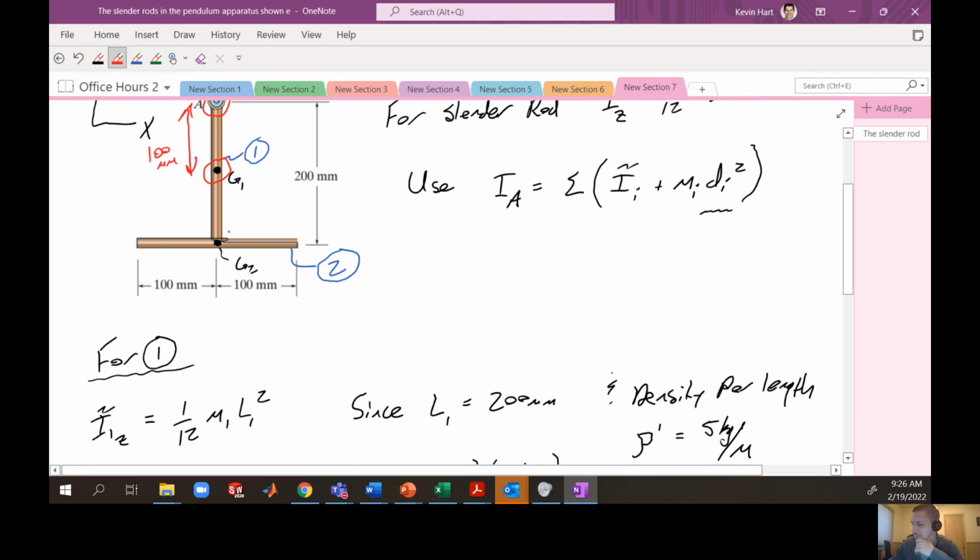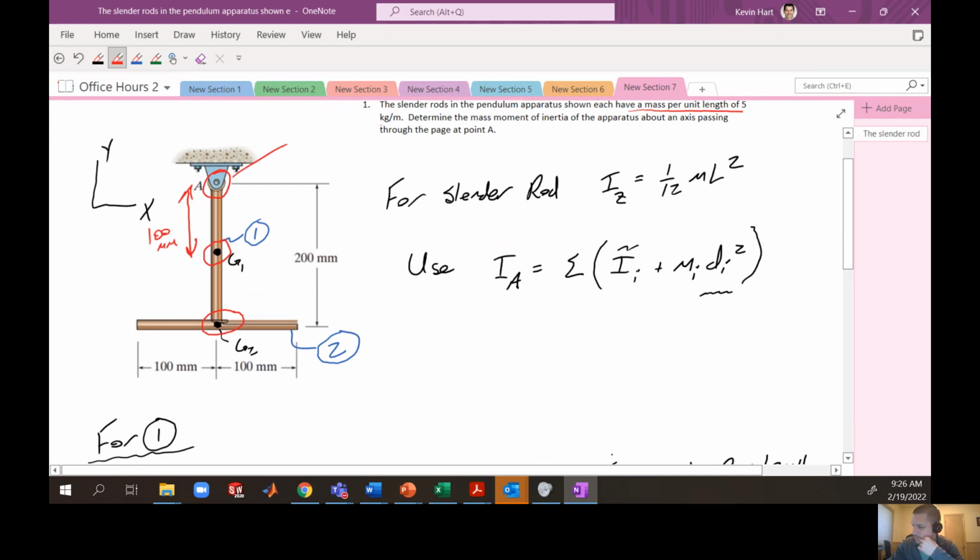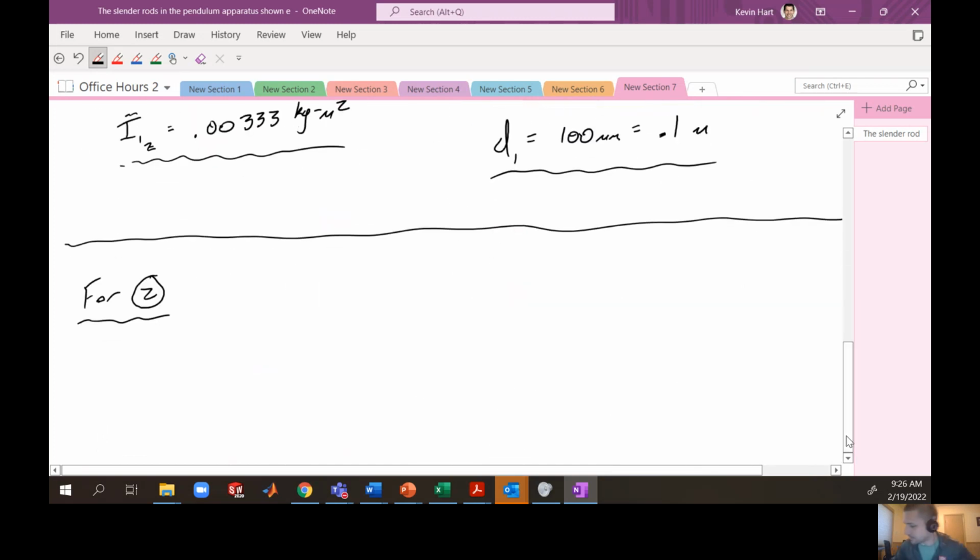But the same strategy remains, is that I want to determine what is the mass moment of inertia of this object about an axis that passes through point G2, and then use parallel axis theorem to relocate it to an axis passing through point A. So again, we're going to need something like I tilde C2, which again is going to have the same formula, 1/12 M2 L2 squared.